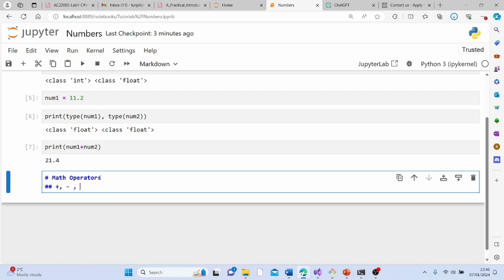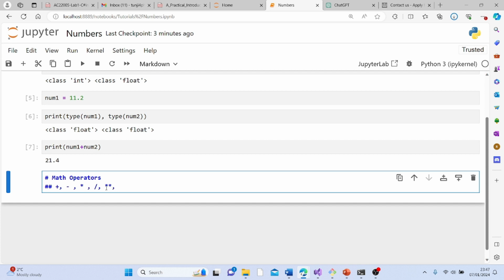You have the multiplication operator, and you also have the division operator. You have one you are not used to, which is the exponential operator. You can say 2 exponential 3, so this is 2 raised to power 3, which gives you 8.